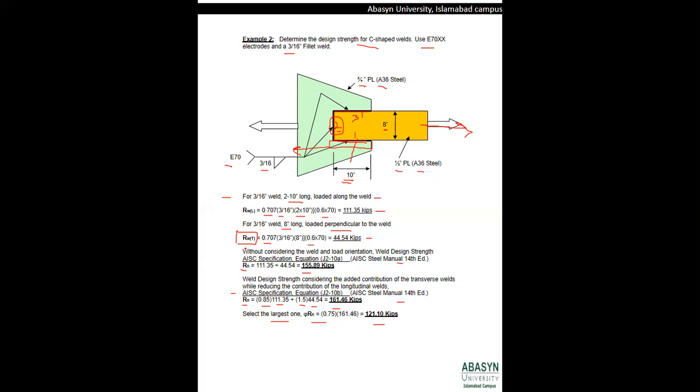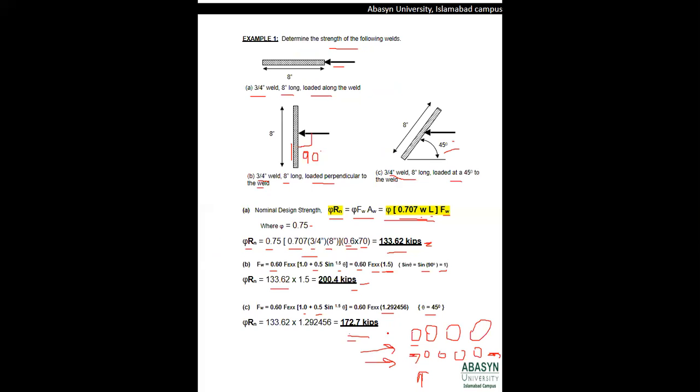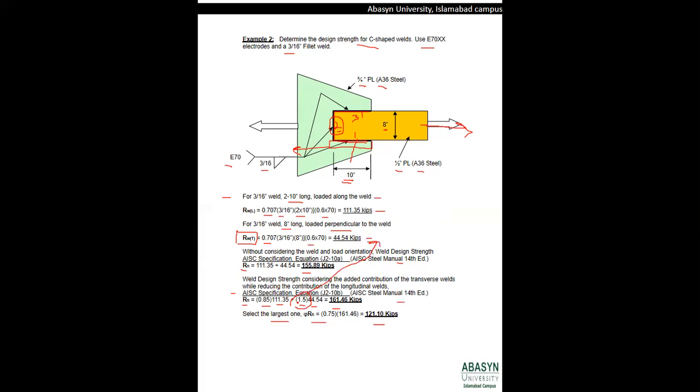The point I'm making here, that we did not multiply by sine theta, is actually catered for in equation J2-10b. As in the last question, whenever the member is loaded perpendicular to the weld, that is at an angle of 90 degrees, its value comes out to be 1.5, because sine 90 is 1 and 1 is added to 0.5, so the total comes out to be 1.5. That is why it has been taken into account in equation J2-10b of the AISC manual.